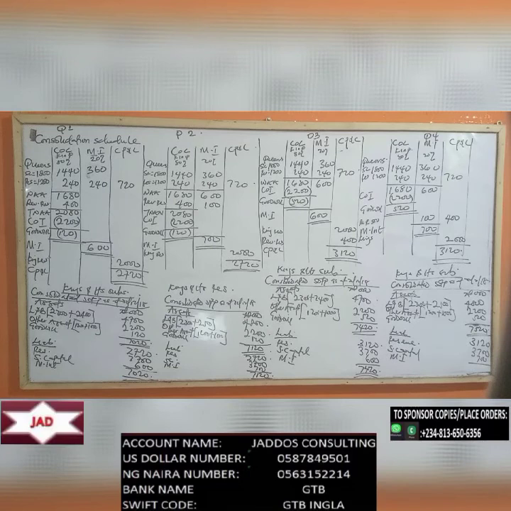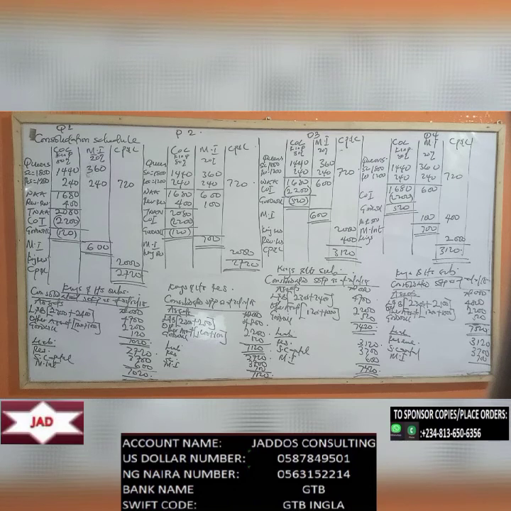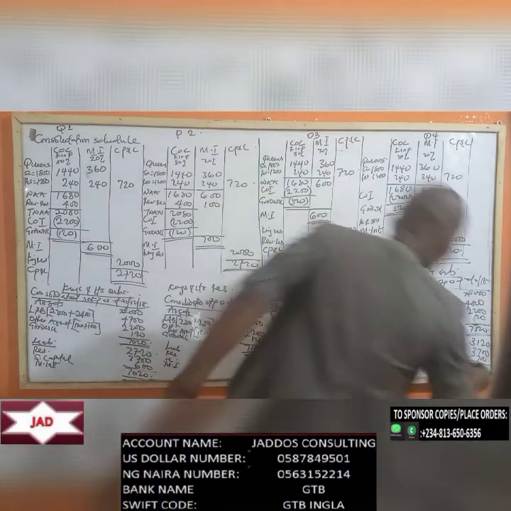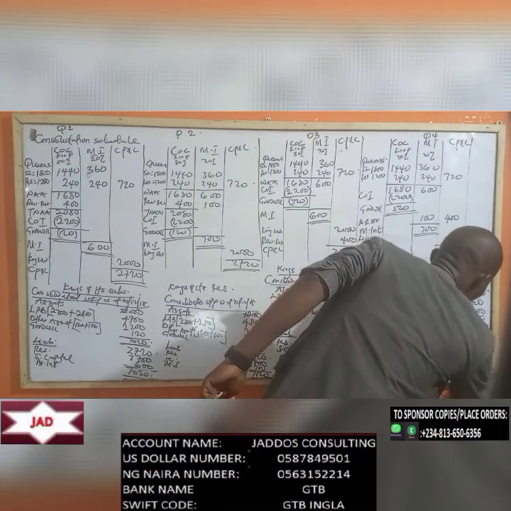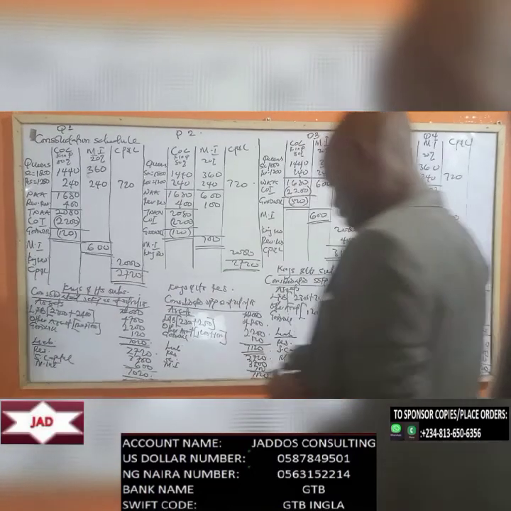We have 3,120 plus 3,700 plus 700. 7,520. Okay.